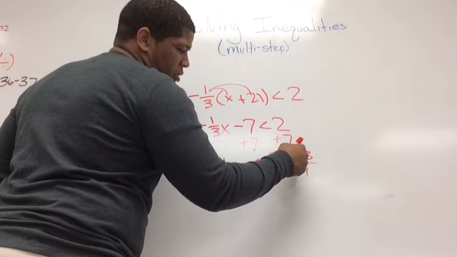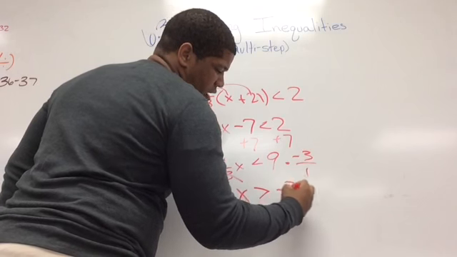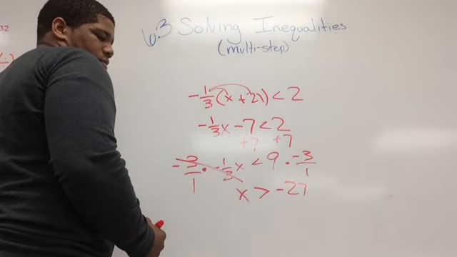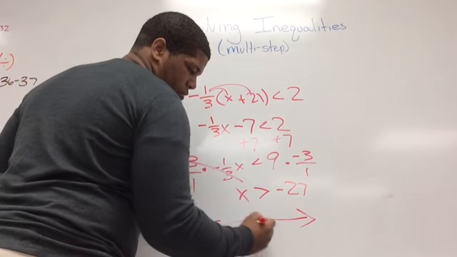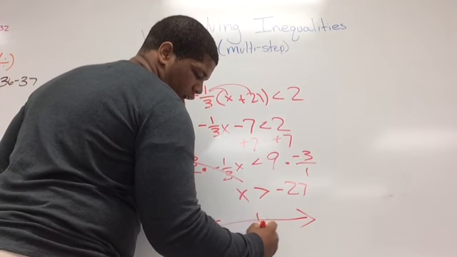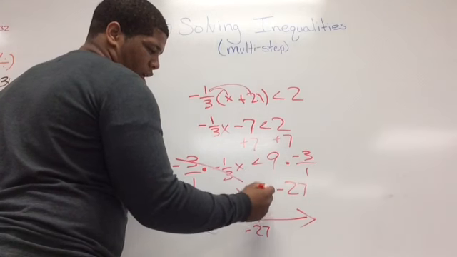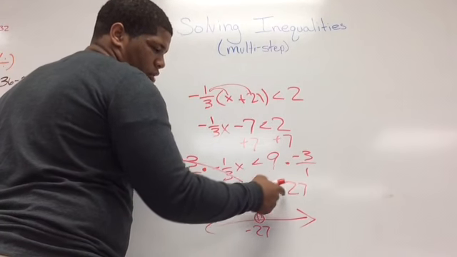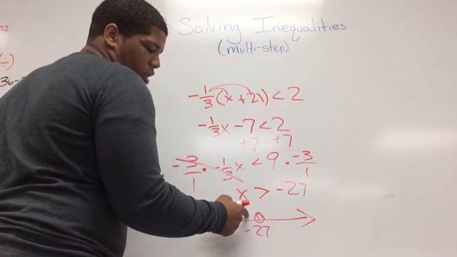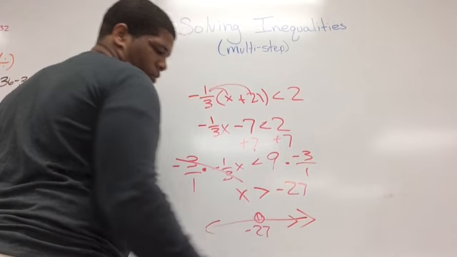And 9 times negative 3 over 1 gives me negative 27. And once again, to graph that, number line, negative 27. And since x is greater than negative 27, I put an open circle, and my arrow going to the right.